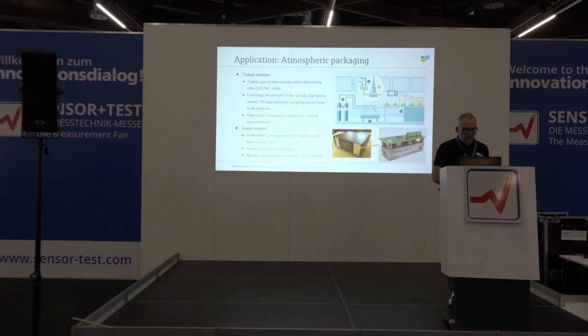So what are applications that we can imagine or where we use this sensor concept? I already mentioned modified atmosphere packaging for salad or meat. It's hard to find a sensor which exactly measures the concentration of these gases. That we can do with density. And if you also have the flow control of a varying mixture of CO2 and nitrogen, you can use this sensor combined with the flow sensor as well.